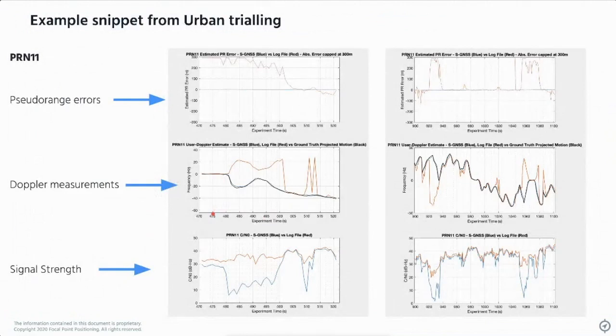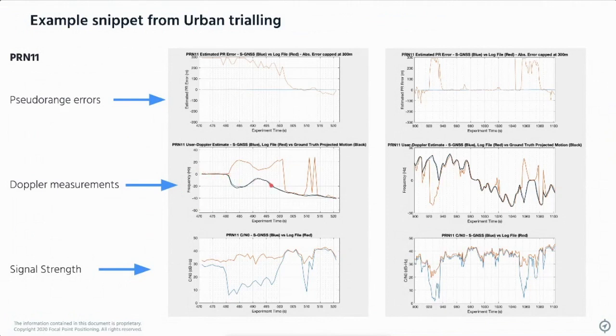I've talked a lot about ranges or pseudo ranges, which are the distance to the satellite. The Doppler measurement, which is an estimate of the frequency that you're picking up the signal on, reveals your speed and your velocity, and it allows the receiver to give you a velocity estimate as well as a position estimate. What this is showing is a section in that part of the London drive where we've been stopped at some traffic lights, and so there's been zero Doppler shift.